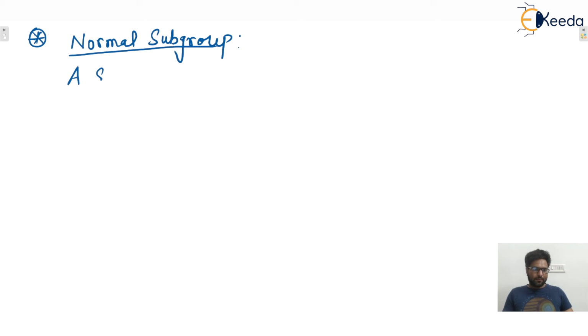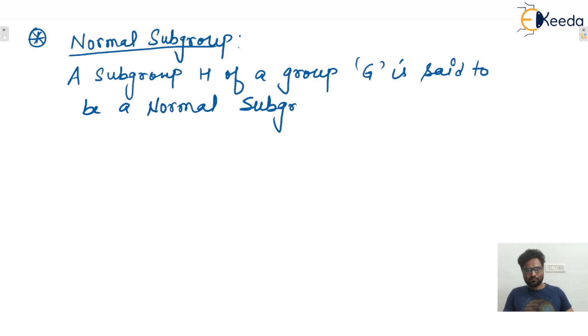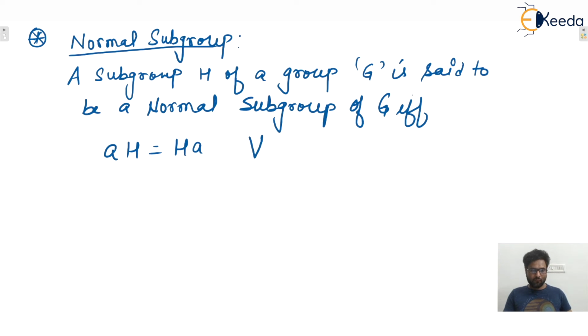A subgroup capital H of a group capital G is said to be a normal subgroup of G if and only if AH equals HA for every A belongs to G.